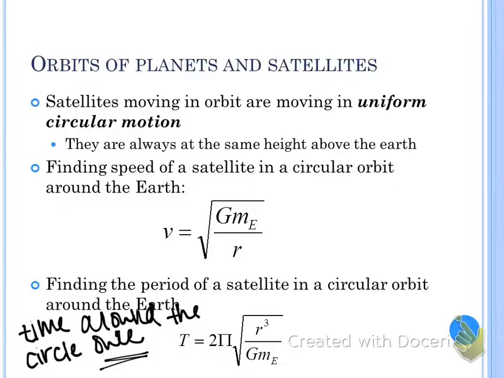So period is the time it takes to revolve around that circle or complete its orbit or whatever you want to say one time. Okay. This one's tricky. We see an r cubed here. Okay, radius cubed. I can walk you through how this equation comes about, but I don't want to, and you don't want to, so I'm not going to. Okay, just trust me.